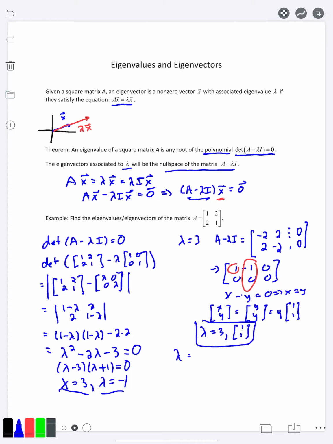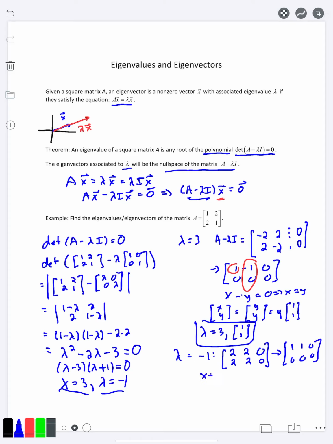Now we're going to repeat this for lambda is negative 1. And if we go ahead and do that, we're going to get 2, 2, 0, 2, 2, 0, just by working out from the original matrix A and subtracting the lambda times the identity. You can do your row operations there. It's very similar to the first one with positives, though.